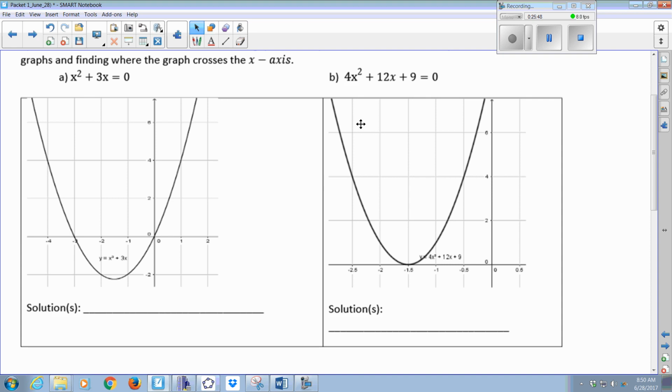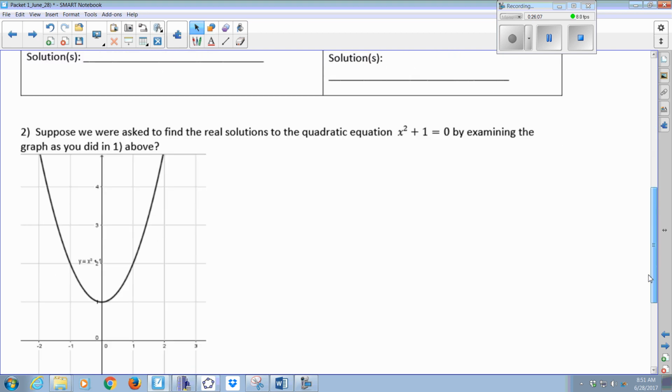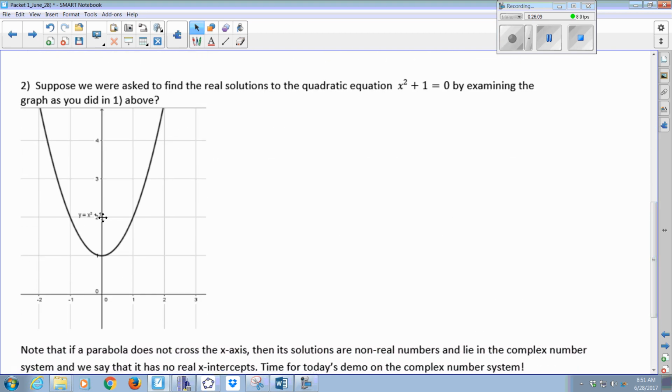We also had the situation where if we graphed y equals 4x squared plus 12x plus 9, we saw that we only touched the x-axis at one spot, and that was -1.5. So this is a situation where we could have two real number solutions or one. And then we looked at the graph y equals x squared plus 1, and we noticed it didn't cross the x-axis at all.